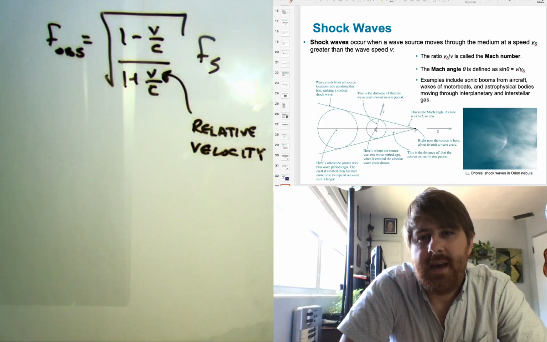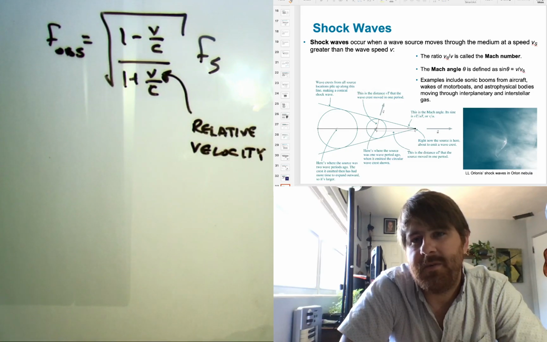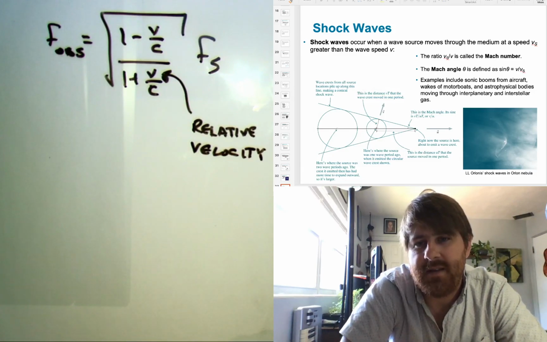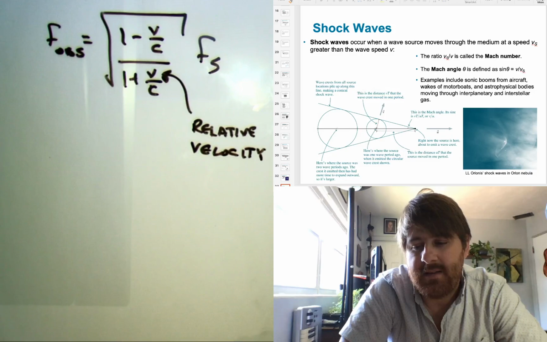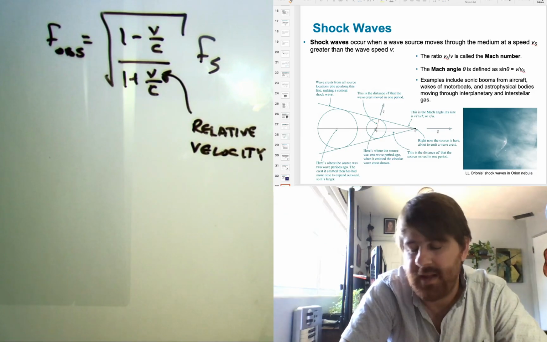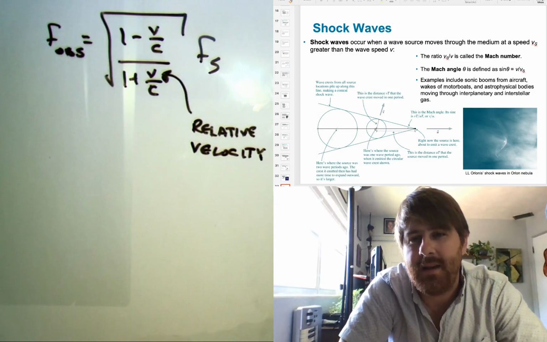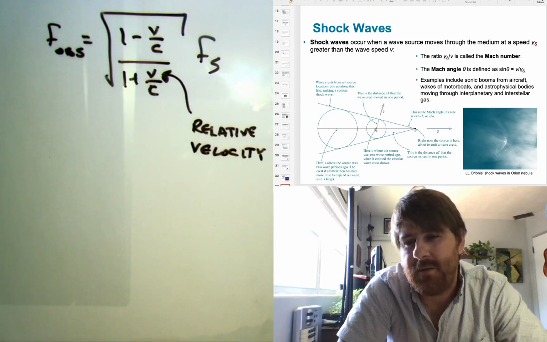So what happens as you approach or break the speed of waves? The source moves faster than waves in a particular medium. There are a couple of examples of this. The most common one that people go to is a sonic boom, when a jet breaks the sound barrier. But a more familiar example is a ski boat on a lake. The speed of waves on a lake is something like 1 meter per second, about walking speed. And as a boat goes by faster than walking speed, you see a shock front.